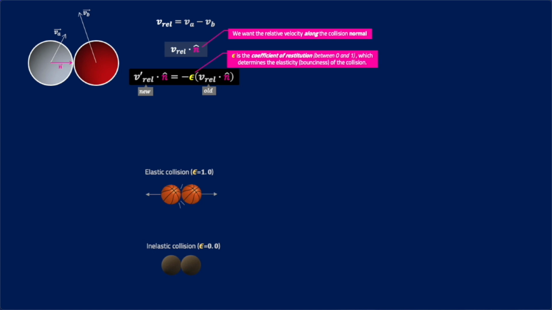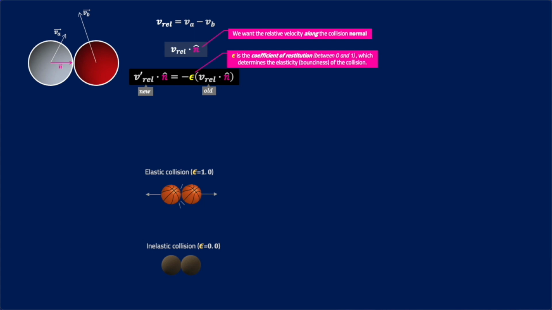And that is going to be a value between 0 and 1, which will determine the elasticity or the bounciness of that collision. So different materials, different bodies, will have different coefficients of restitution. That coefficient of restitution is basically how elastic that collision is going to be for that body.